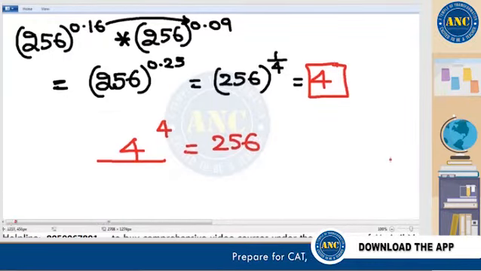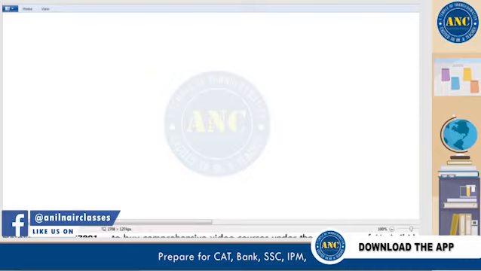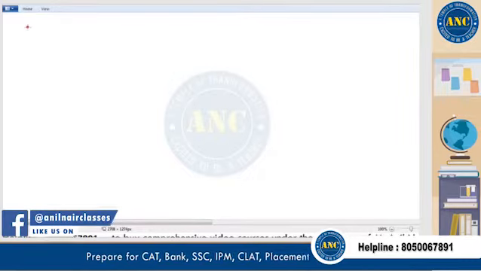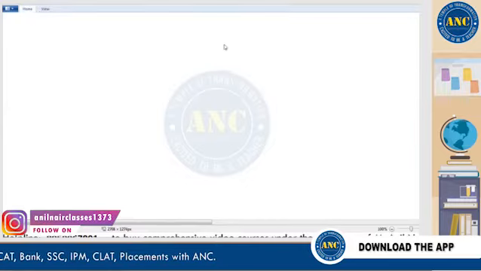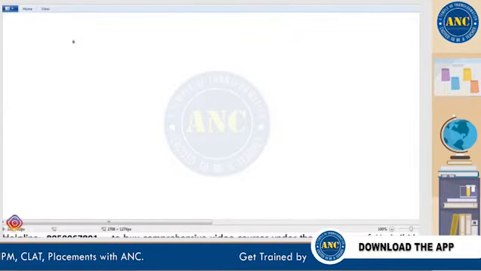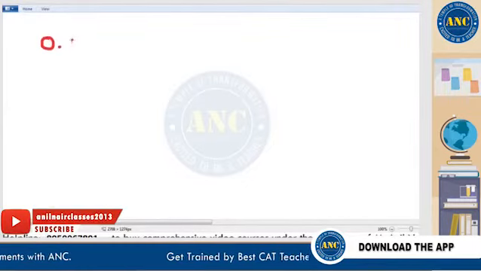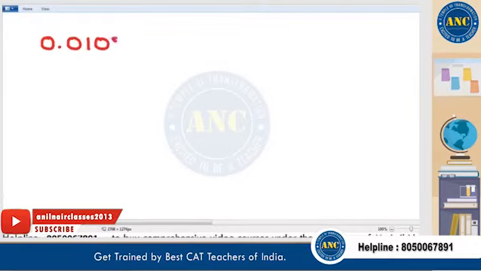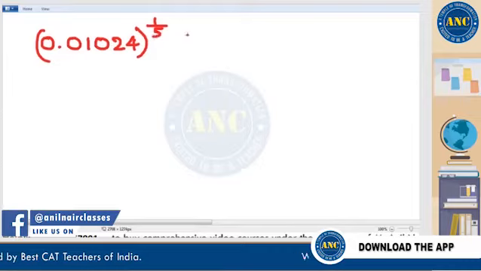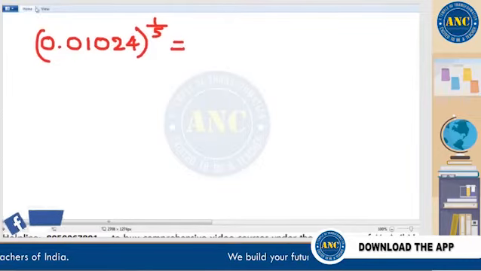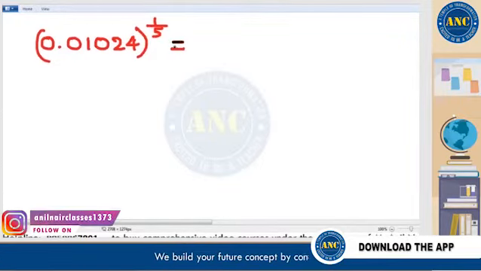Again, one more similar question for our understanding. Suppose, for example, I take 0.01024 whole to the power of 1 by 5. Now this can also be written as 0.01024.